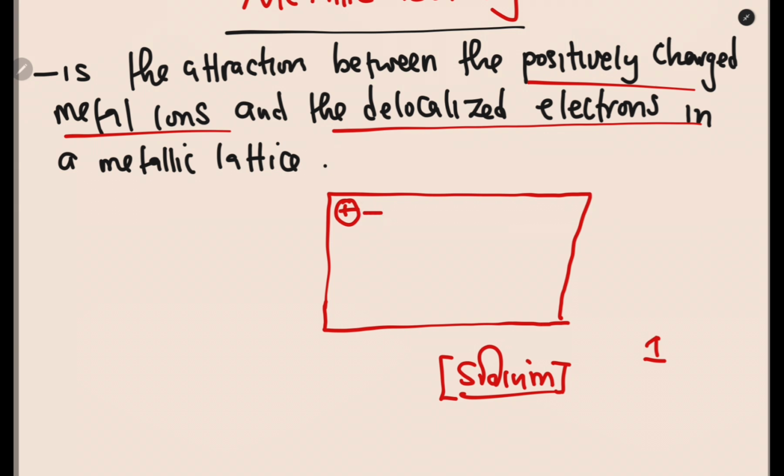These electrons start moving freely within the metal. Another atom loses an electron and becomes positive. The electrons start moving freely. Another atom loses an electron, becomes positive, and an electron starts moving freely.